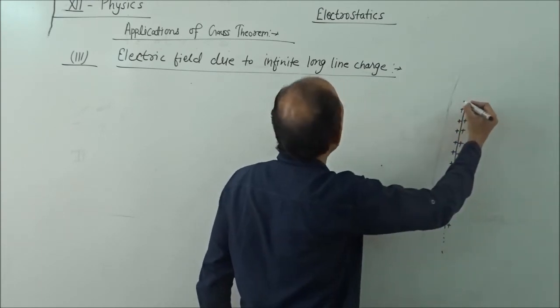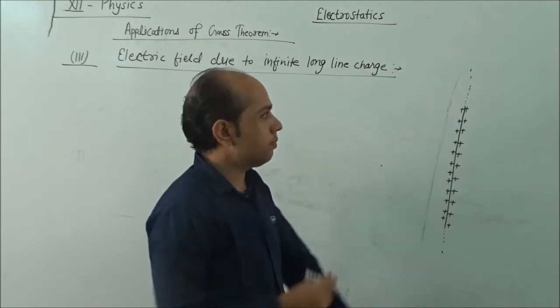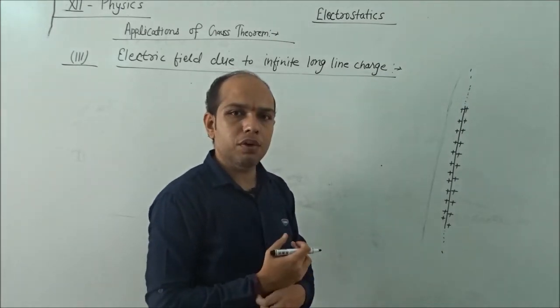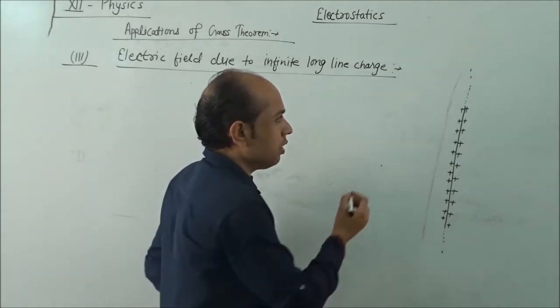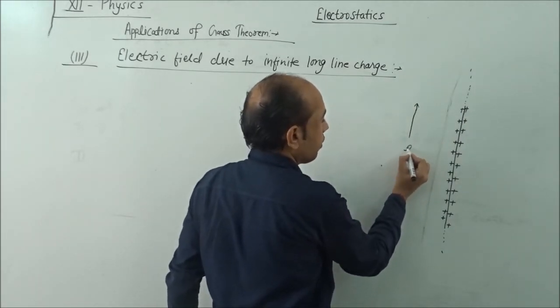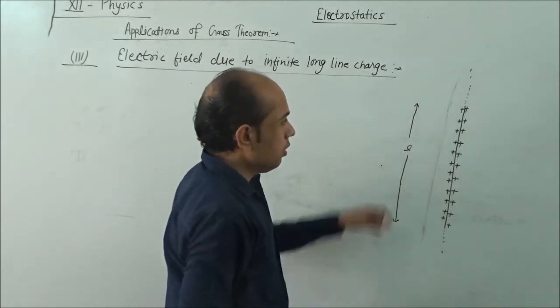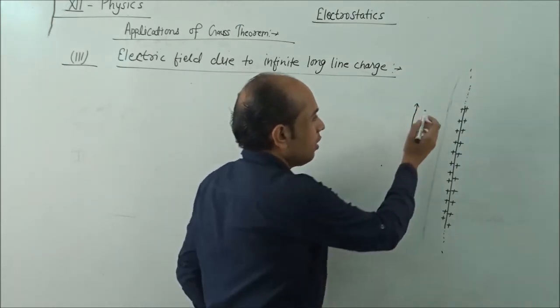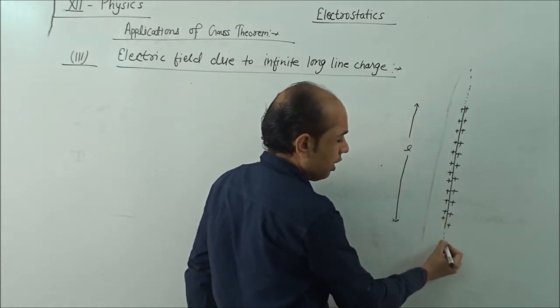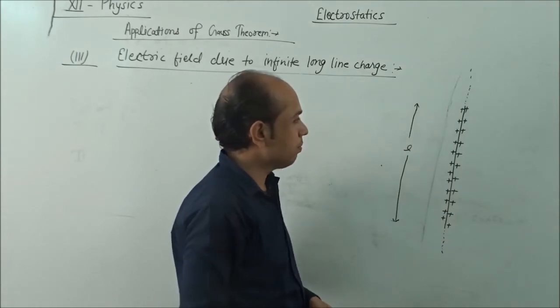This wire is an infinitely long line, but for calculation purposes we define a particular length. Suppose small l is the length of this wire. The bold line indicates the length L, and the dotted line indicates that the wire is infinite.